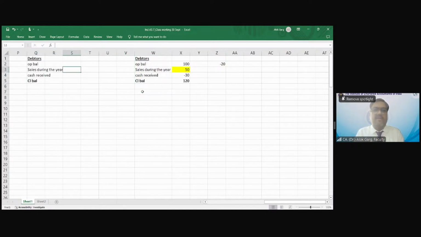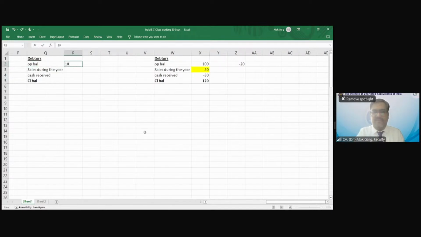Let's say my opening balance of debtor was 100 rupees. There were no sales made during the year, and no cash received during the year. But there was one debtor which goes bankrupt. So the company has created a provision for bad debt.